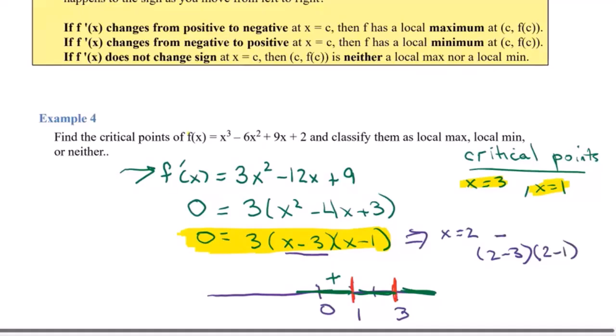Well, this is a negative, and this is a positive, which gives me a negative value at 2. And also, it'll be negative everywhere between those two values, those two critical points.